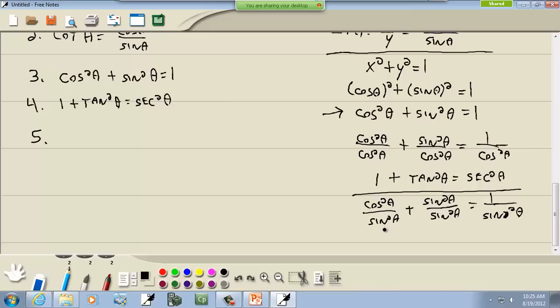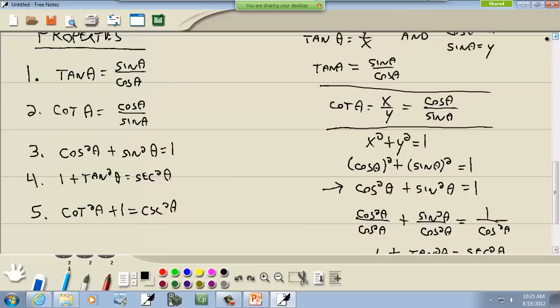Now, cosine over sine is cotangent, so this would be cotangent squared plus sine squared divided by sine squared is 1 equals, and 1 divided by sine squared would give me cosecant squared. So this formula is cotangent squared plus 1 equals cosecant squared. Now we have some additional ones, the ones we went over last time.